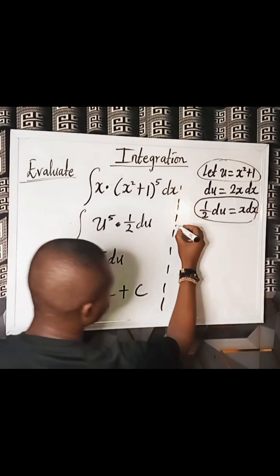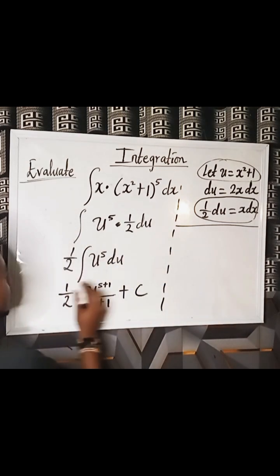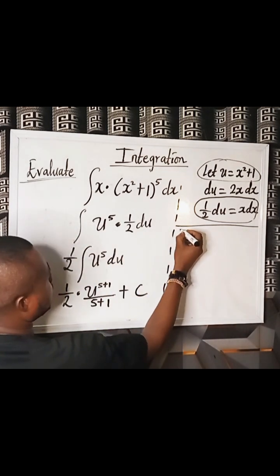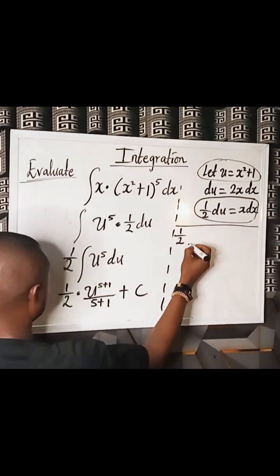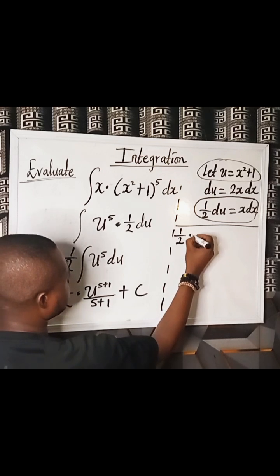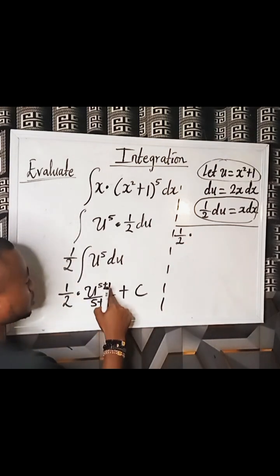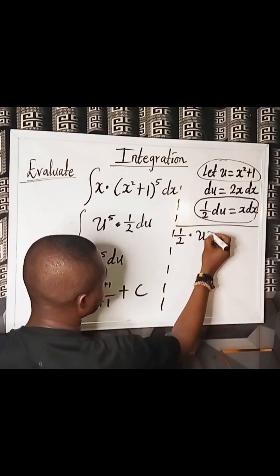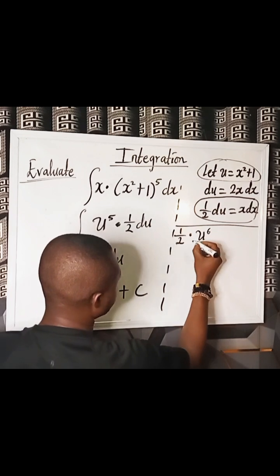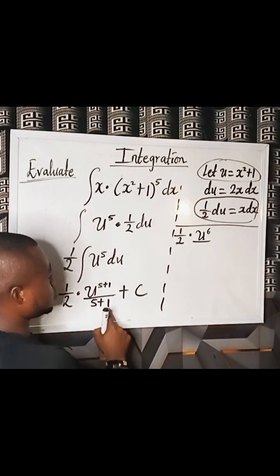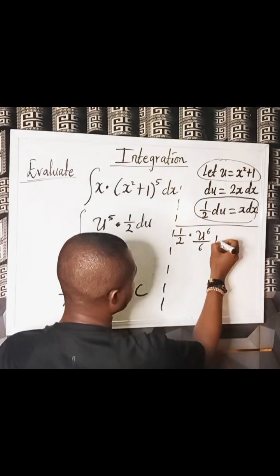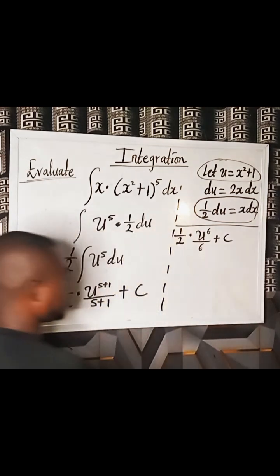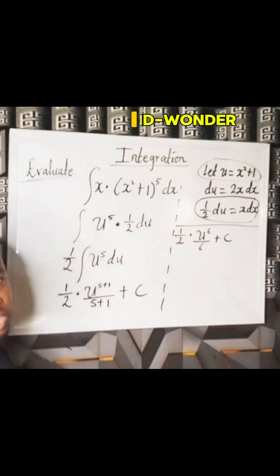Then if we do that, this becomes half times u raised to power 6 over 5 plus 1, which is of course 6. Then plus the constant of integration.